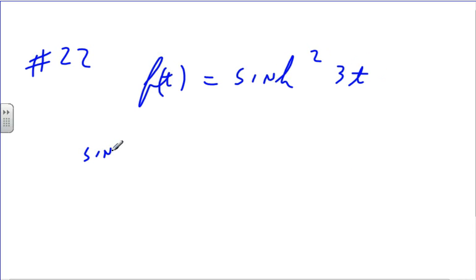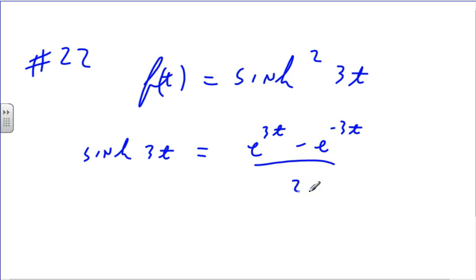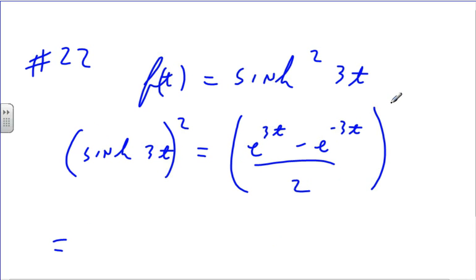Hyperbolic sine of 3t would be e to the 3t minus e to the minus 3t divided by 2, right? And if we were to square that, we would get something over 4, right?